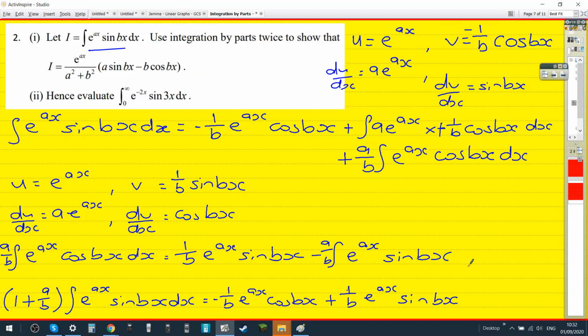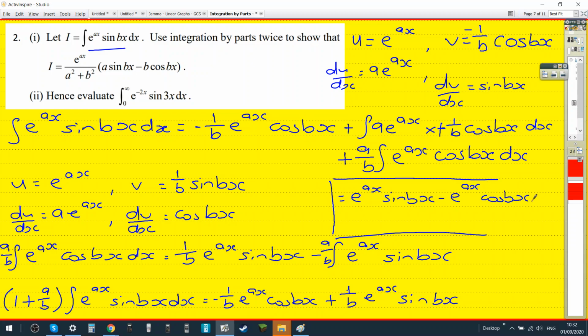So you'd have e to the ax sine bx minus e to the ax cos bx over b. Yeah, you could. I don't know if that's helpful. If you want to write it that way, e to the ax sine bx minus e to the ax cos bx, and it's all over b.